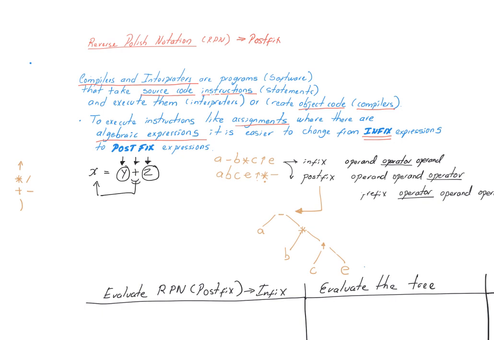This way to represent things, this y plus z, is what we call an infix expression. This is infix. A postfix expression is something else; it's another way to do this.